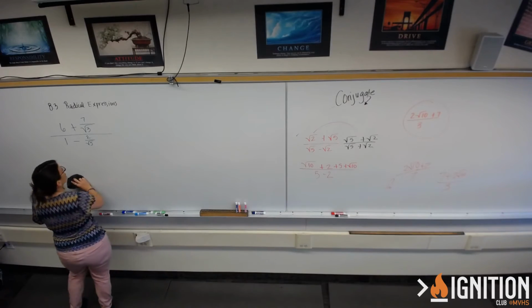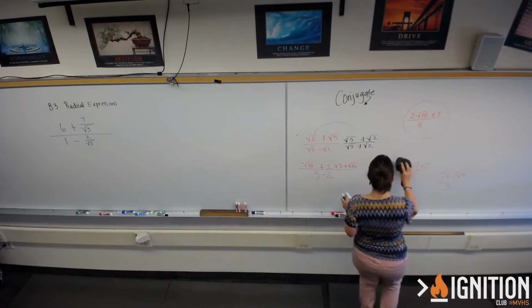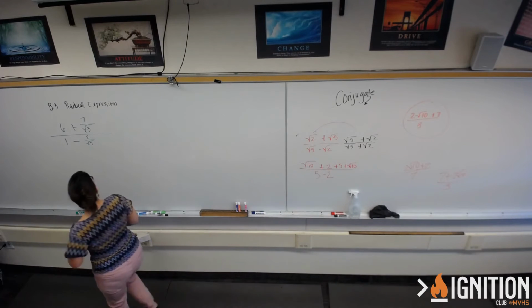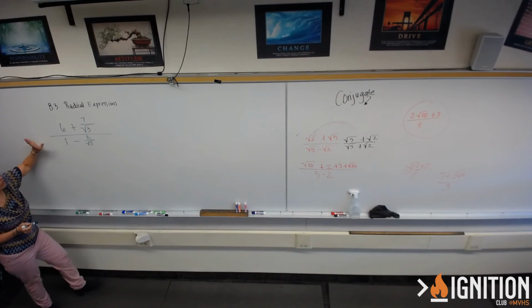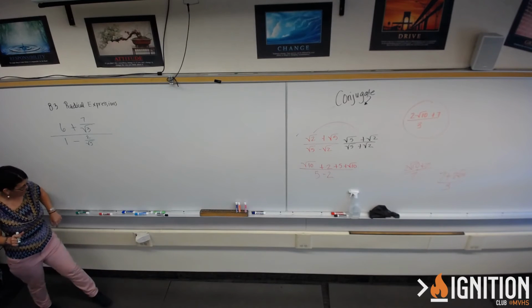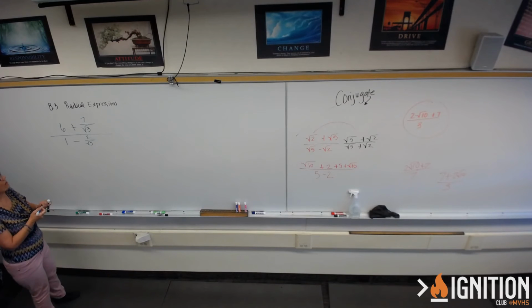I would recommend we look at the numerator and the denominator separately. I think that's going to get us where we need to go. I'm honestly not sure, so let's play around. Okay, honestly I don't think it's going to be that bad. I think this is going to work out okay.